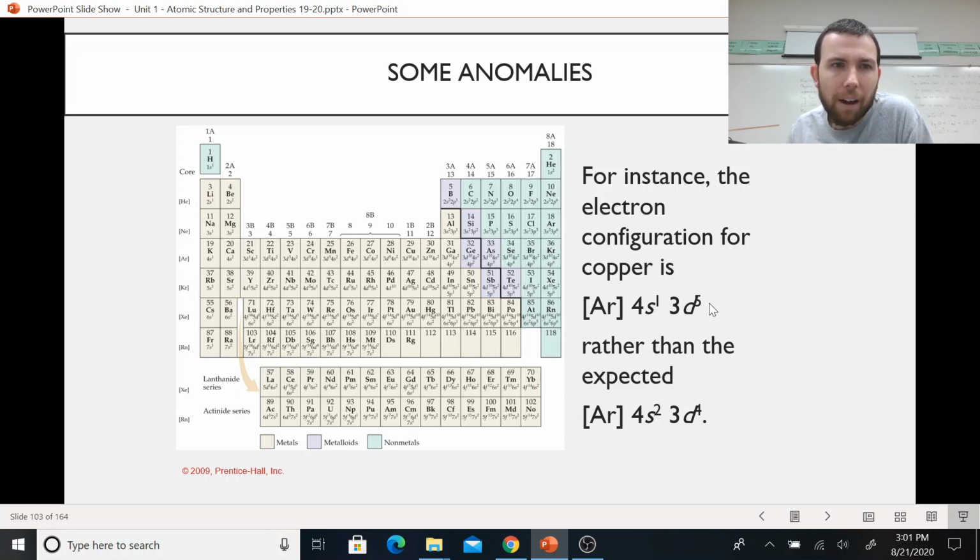And so we're maximizing our spins with this configuration, whereas we're not maximizing the spins with the configuration that we would normally predict. Okay.